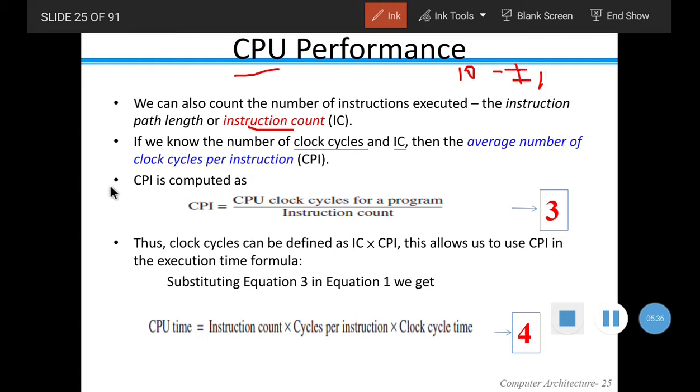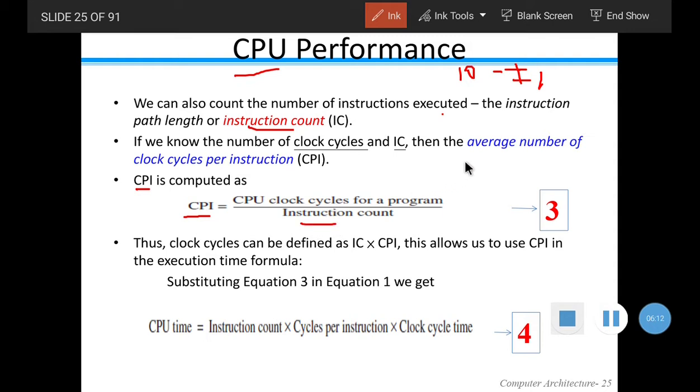If you know the number of clock cycles, CPI, that is clocks per instruction, we can write as CPU clock cycles for a program divided by instruction count. CPI is how many clocks we need for executing each instruction.